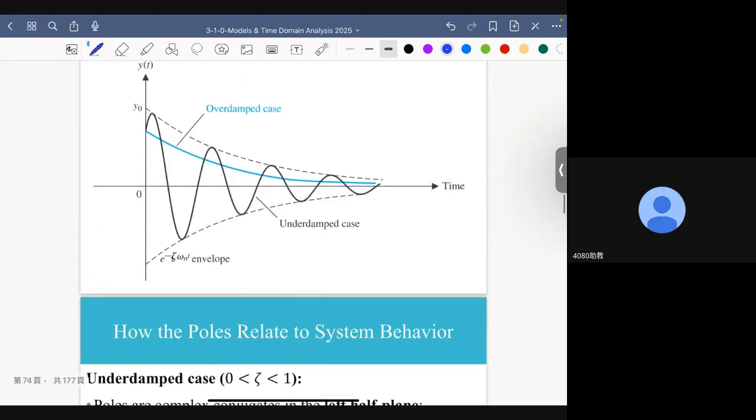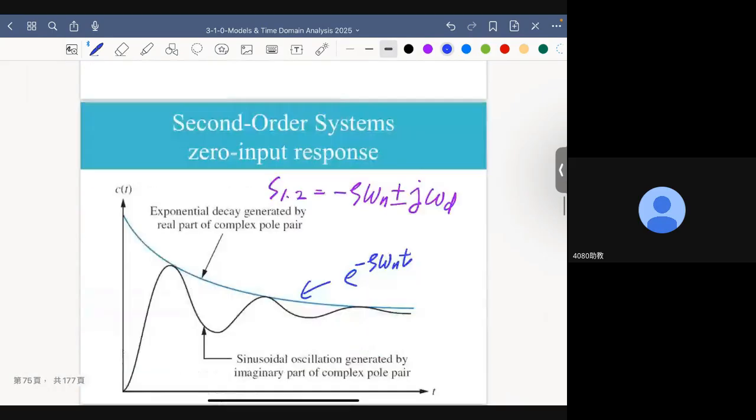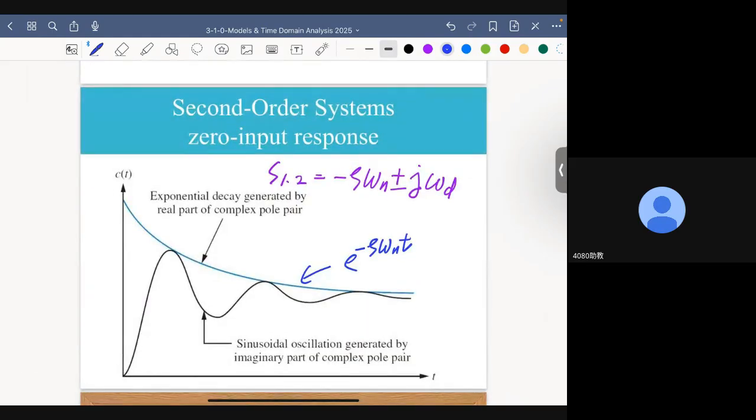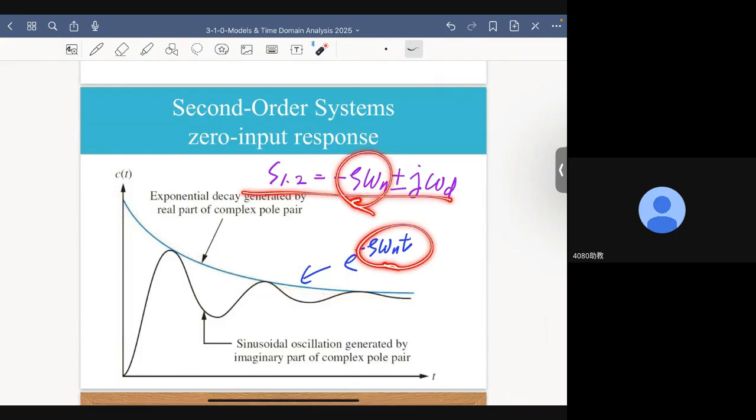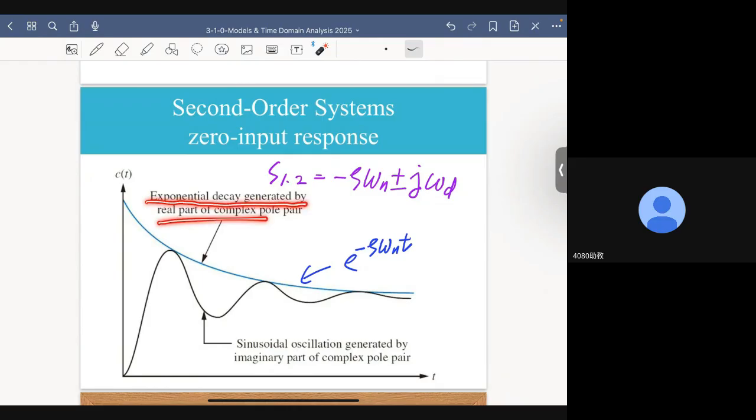So the envelope is actually determined by the real part of the pole. That is the reason why we have such a statement, which tells us that exponential decay is generated by the real part of the complex pole pairs.